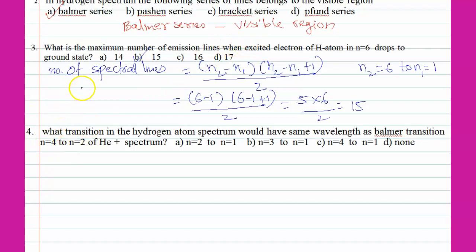Nu bar equals 1 by lambda equals RH into (1 by n1 square minus 1 by n2 square). Actually we need to find out the lambda.